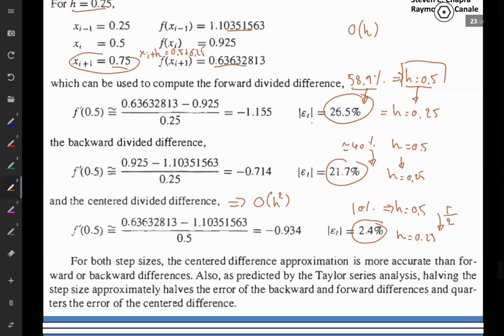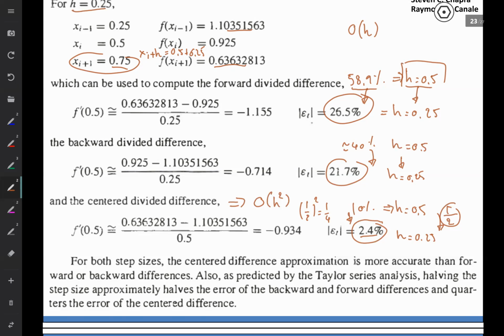So if we reduce h to a half, the error is approximately reduced with a half squared. It's 1/4, right? So the error of 10% should be reduced to approximately 2.4%, about 1/4 of the original error.